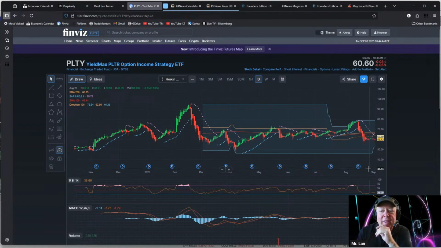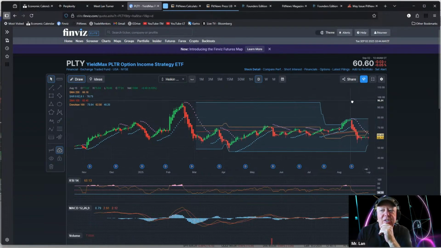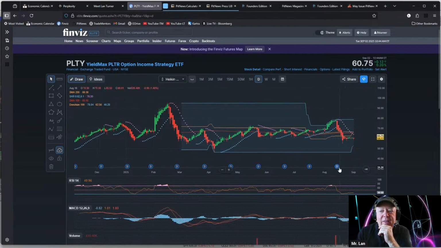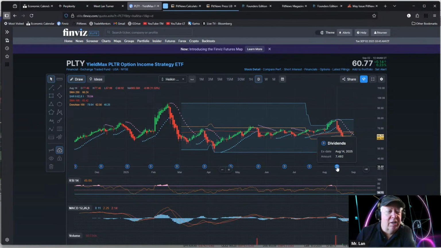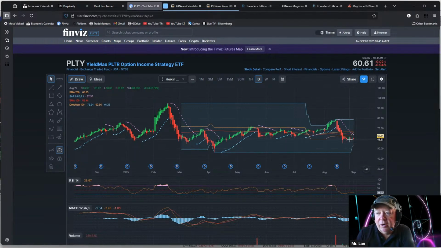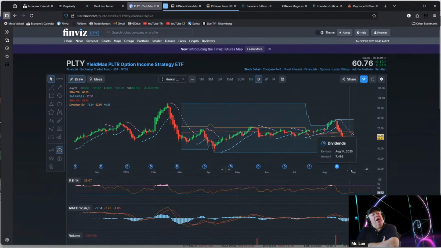But when that thing pays again, am I going to still be sitting out of the market? That's the question. This was paid on August 14th. So September 14th, they're going to come out with another dividend payment, which is going to be probably close to $7.50 again because of the volatility. Now it's calmed down again. Look, it's just started to go straight sideways. So I don't know, it might not be that big. But we're going to have a big dividend and I'm out of the market.